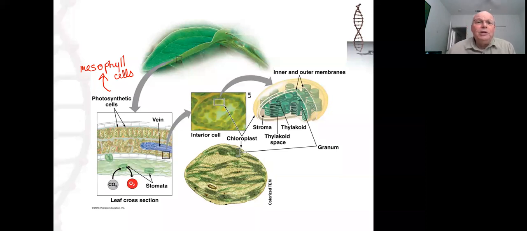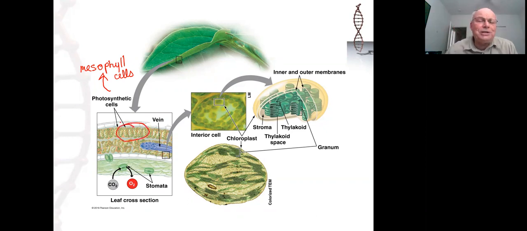So once we look through a typical leaf, or look inside a typical leaf, what we find are these multiple layers of cells that contain chloroplasts. So the term mesophyll simply means a cell that has chloroplasts and therefore does photosynthesis. And you can see that there are two basic types, or two basic layers of cells in the cross-section of the leaf. So we've got the cells here that look like they're standing on end.